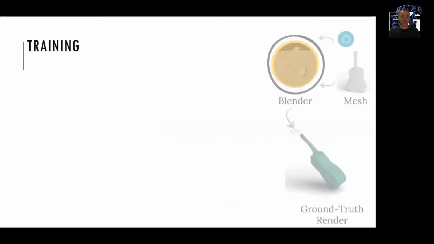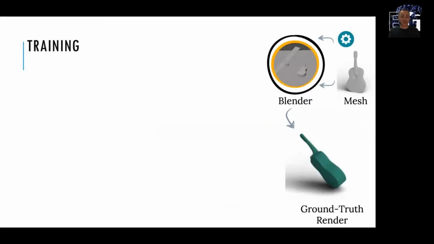The training procedure is as follows. For each training step, we render a mesh using Blender, together with randomized rendering parameters. This rendering is regarded as the target ground truth visualization we seek to produce using the neural network, and the randomized rendering parameters are saved as a 6-element long vector of RGB color and light position coordinates.